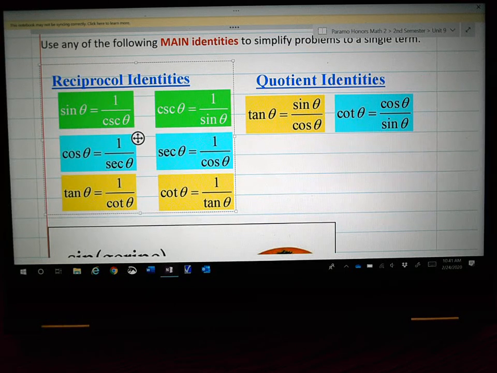And then there's the tangent. Cotangent, we flip too. But then we have the tangent equals sine divided by cosine. So of course, cotangent is the reciprocal, so it's cosine over sine.